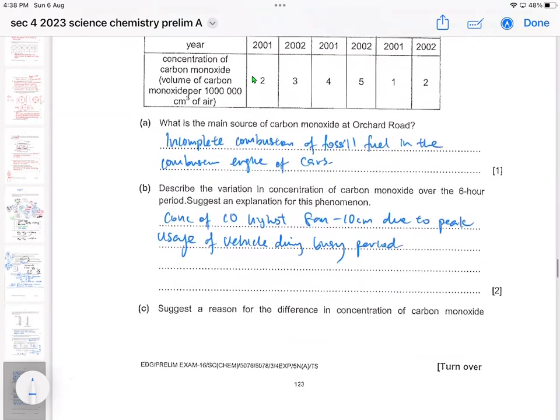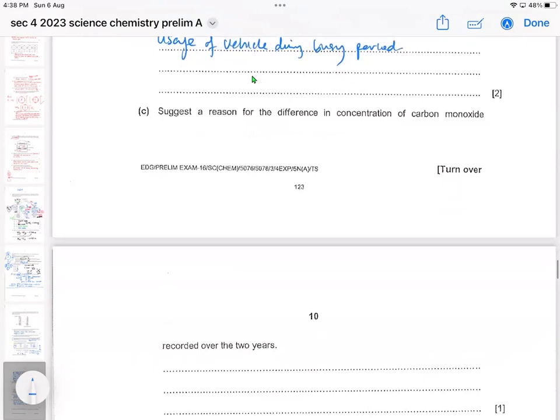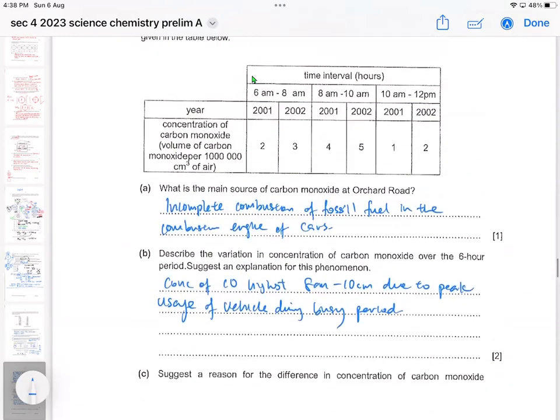Okay, a reason for the concentration of carbon monoxide to be higher over the 2 years. So no matter what, you will notice that from all timings, 2002 is always higher than 2001. So if more is produced, most likely it is due to more cars on the road. So there are more cars on the road from 2002, then you will produce more carbon monoxide during the interval.